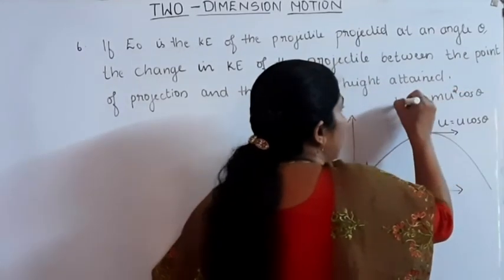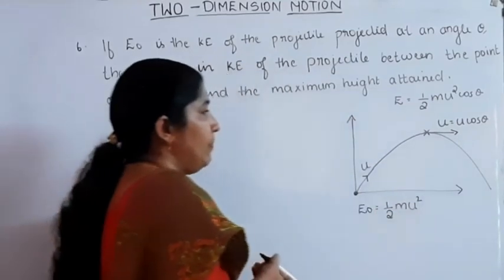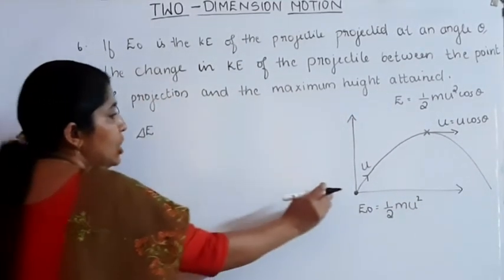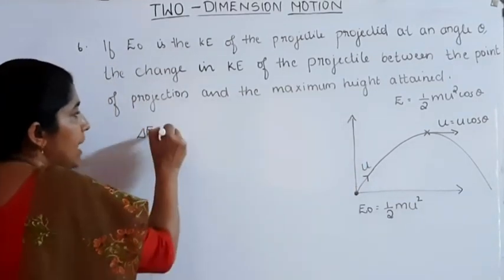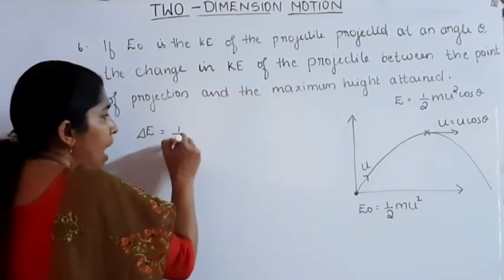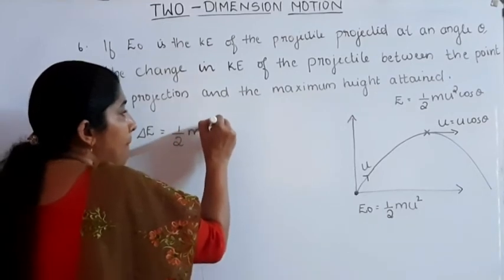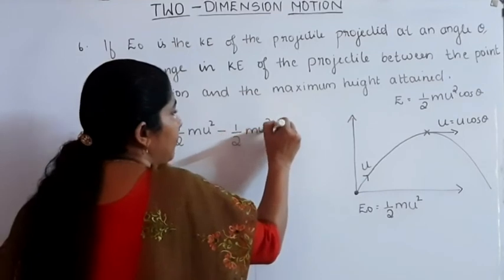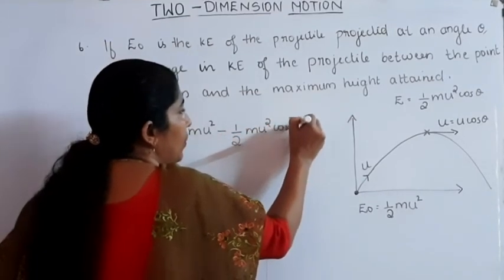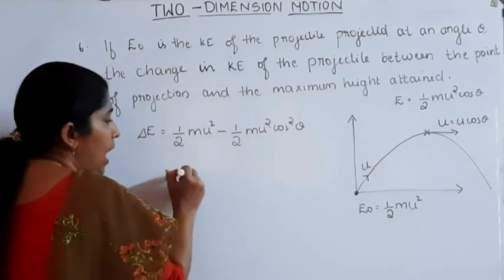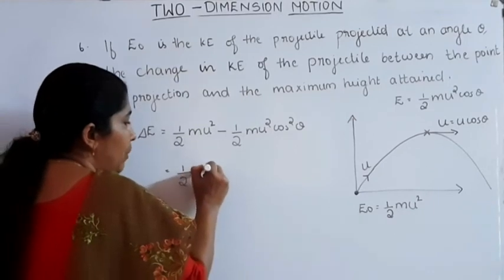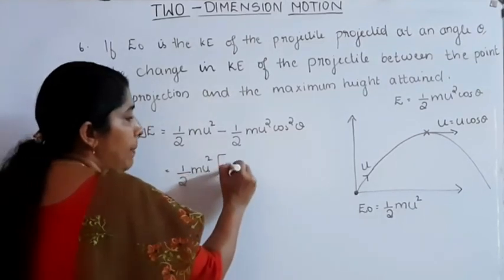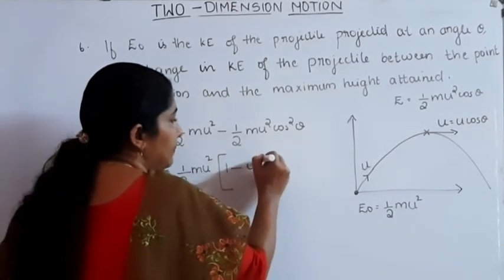Then the change in kinetic energy between the initial point and maximum height is half mu square minus half mu square cos square theta. Half mu square is common for both, taken outside, into 1 minus cos square theta.